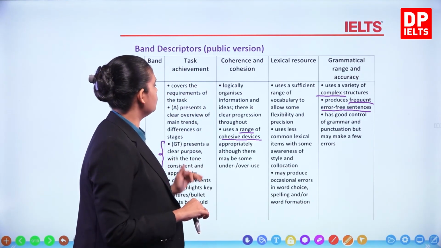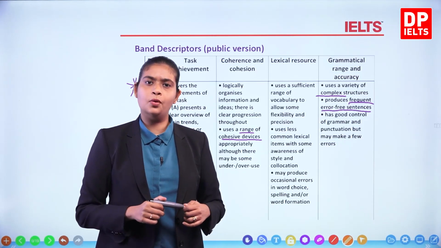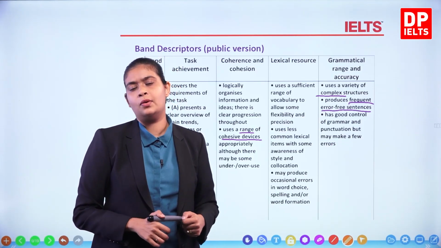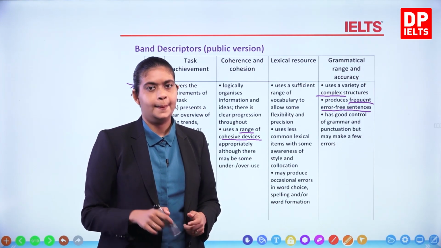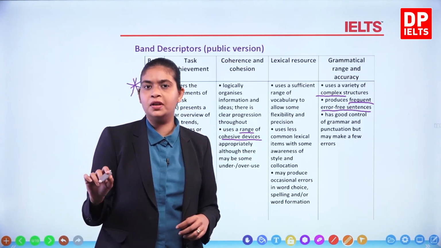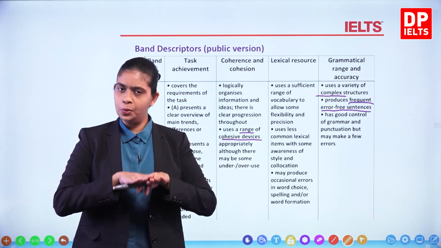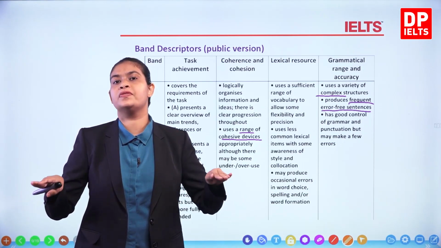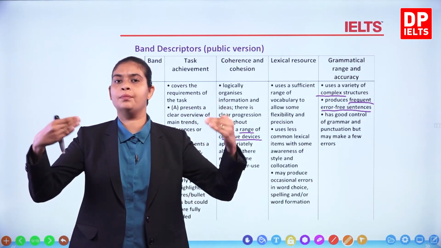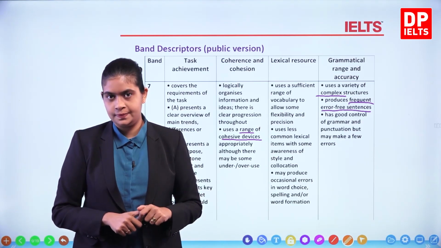7 to 8 is a big jump. Now, some of you ask, oh, Miss, I have a 7.5. What does that mean? Each 0.5, so say you have a 6.5, you have a 7.5. 7.5 means you have achieved all of 7 and some positive features of 8.